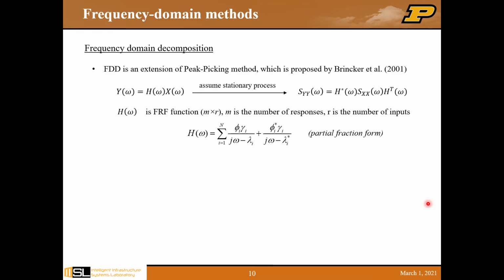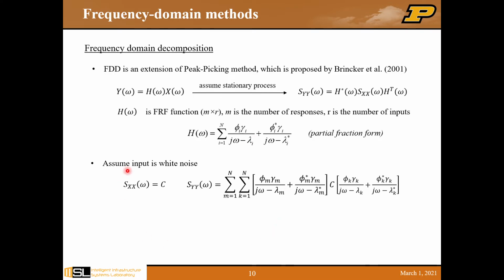H is the FRF function, with the size of m times r, which can also be expressed in the partial fraction form here. Okay. Then, assuming that the input is white noise, we can simplify the power spectral density of the input to be a constant, and then we can substitute it into the expression of the output power spectral density, and also substitute the FRF expression in this formula as well.